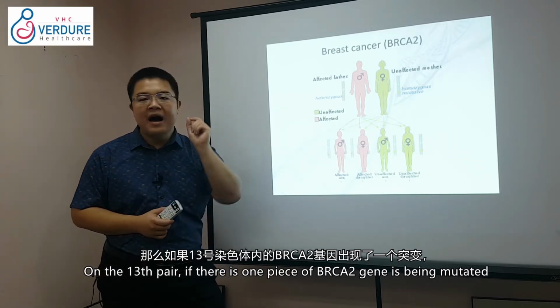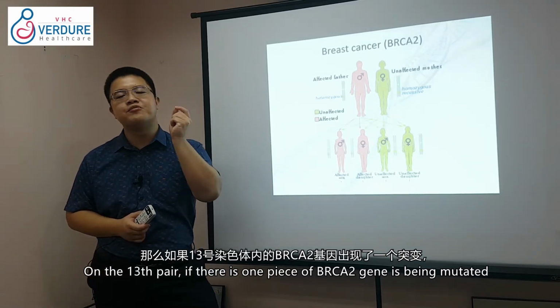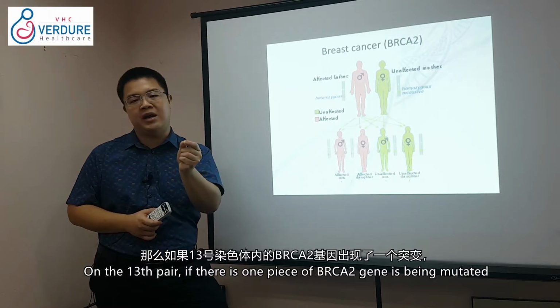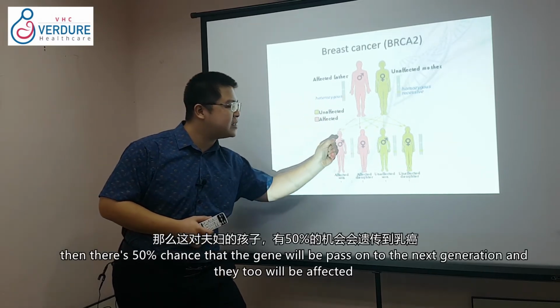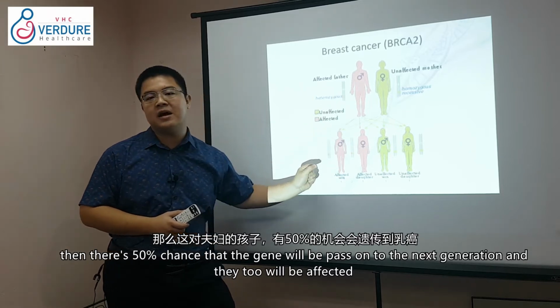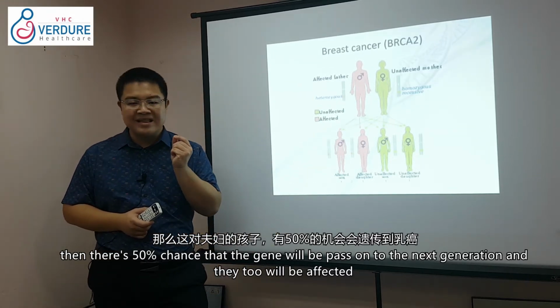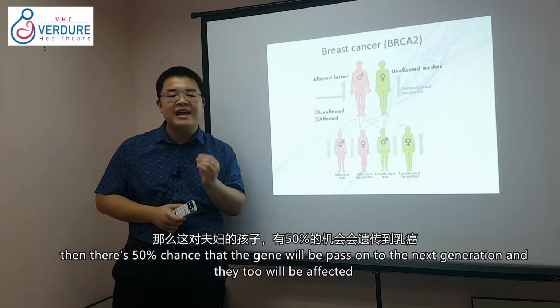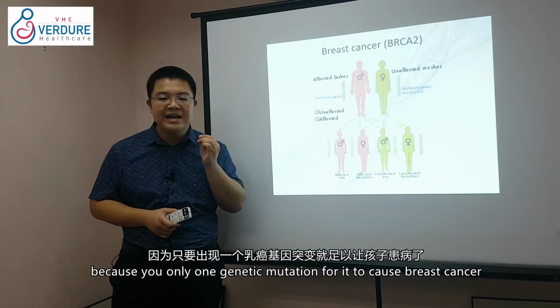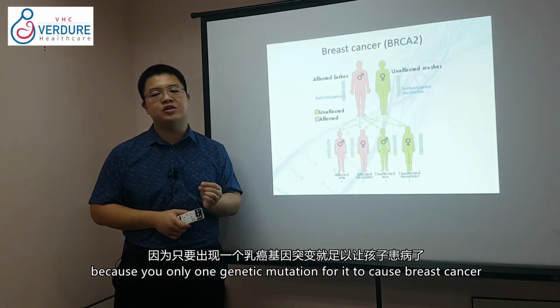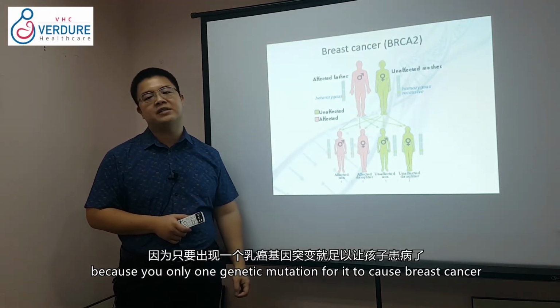If let's say the father has one piece of BRCA2 gene being mutated, then there is a 50% chance of the breast cancer being passed on to the next generation, and they too will be affected because you only need one genetic mutation for it to cause breast cancer.